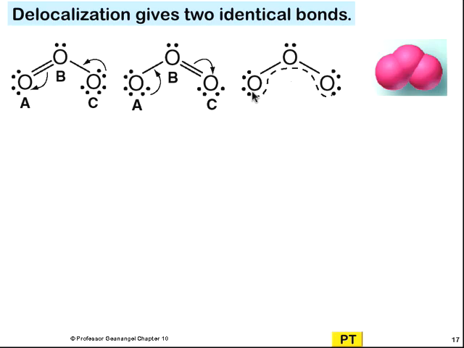So we delocalize it across both of those bonds. In the resonance hybrid, this dotted line represents one pair of electrons spread out between two bonds. There's also a lone pair of electrons, but as far as the bond order goes, that doesn't have any big significance.